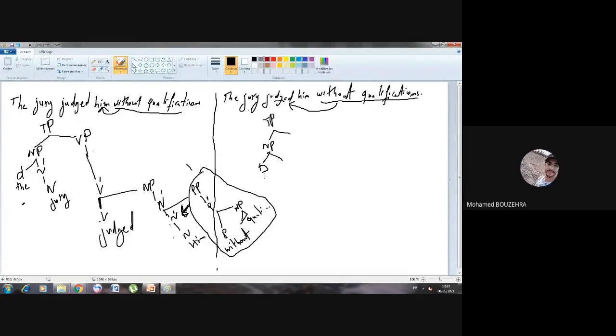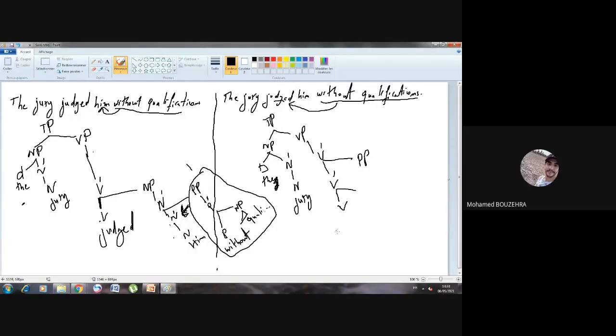From NP, we have determiner and N bar, and then N. From VP, we have V bar, another V bar on the left, and PP on the right. Within V bar we have V.